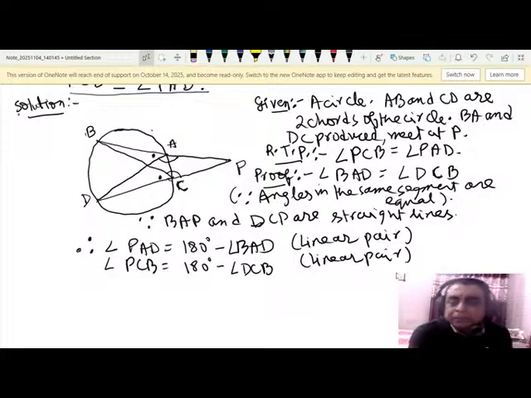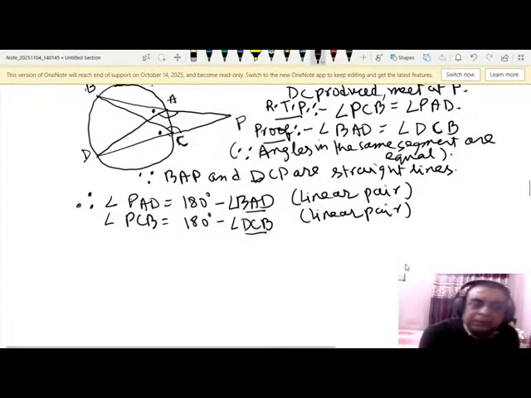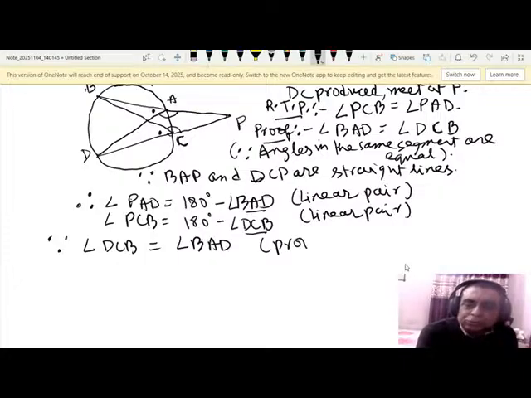Okay. Now we have already shown angle BAD and DCB are equal. Because angle DCB value is equal to angle BAD, which we have already shown here, BAD is equal to DCB.